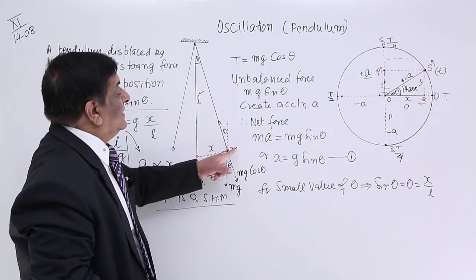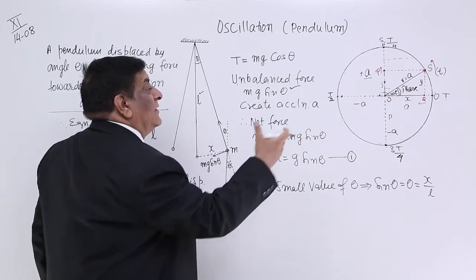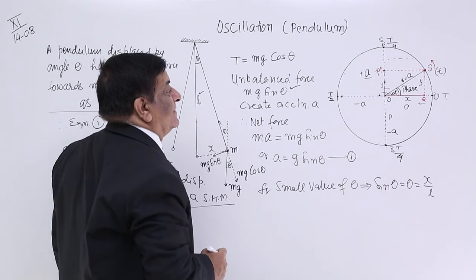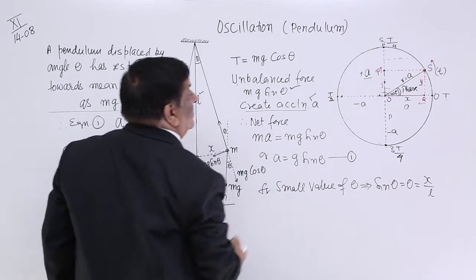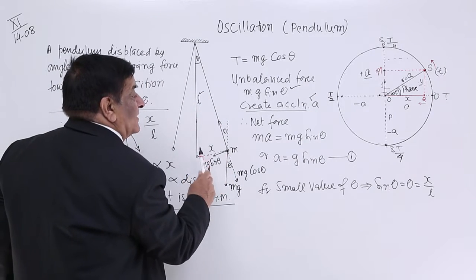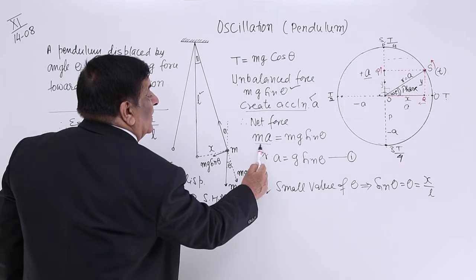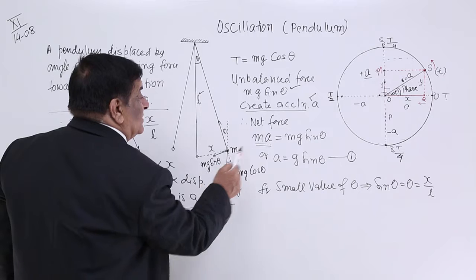There is nothing here to balance it, and an unbalanced force always creates acceleration. Let that acceleration be a. So if acceleration a is created on the mass, what is the force on this? m into a. That m into a, who has given? This mg sin theta.